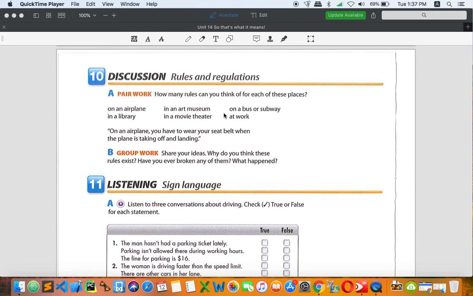Let's move to on a bus or subway. In this vehicle, you have to wait until passengers exit before you enter. It means you have to let them leave first, otherwise you cannot take their seat. You are not allowed to play loud music. I think you should have a headset or earphone with you when you want to play music.